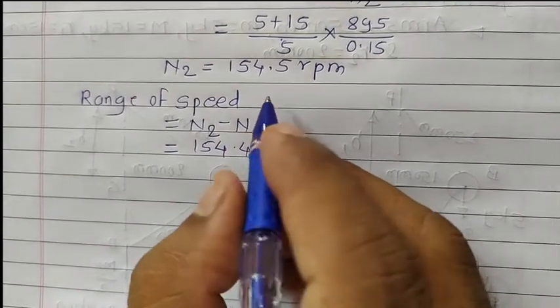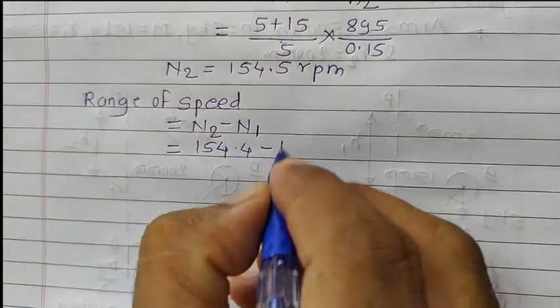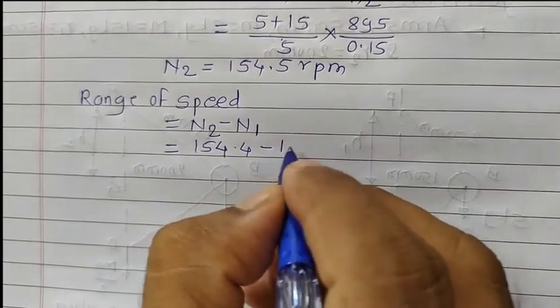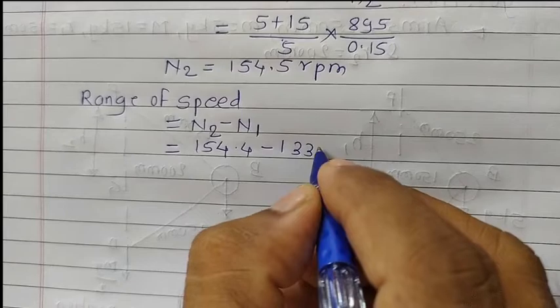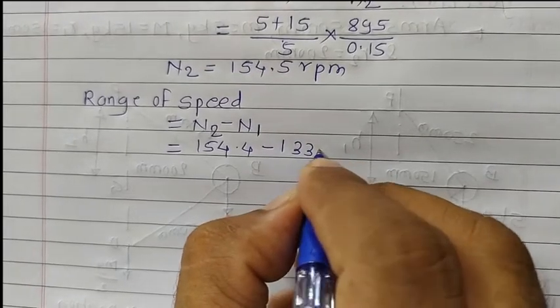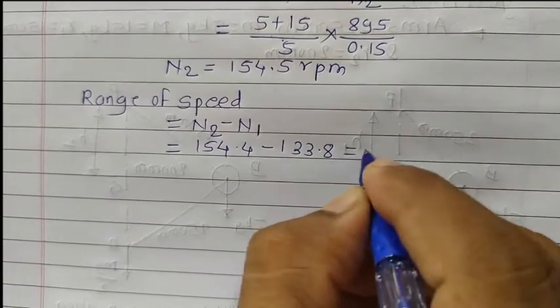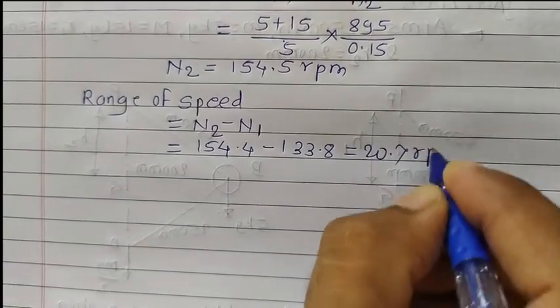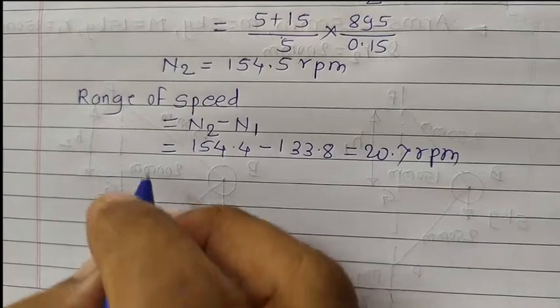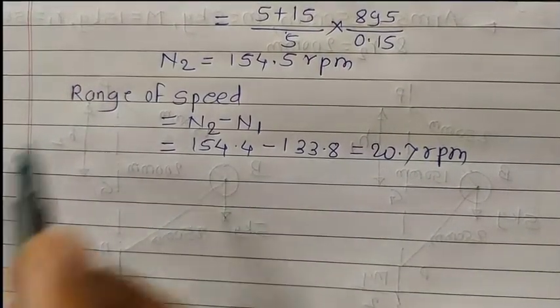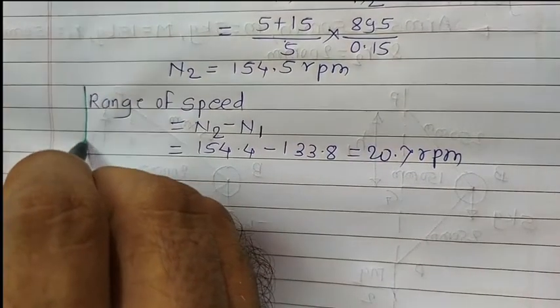So N2 is 154.4 minus 133.8. We can get this one as 20.7 rpm. So in this way we can get the range of speed.